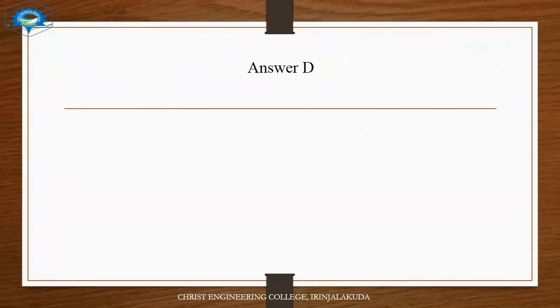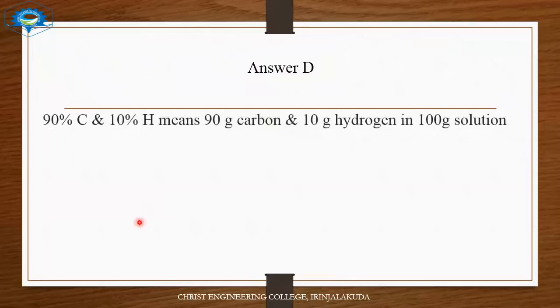It is given that 90% carbon and 10% hydrogen is present, which means 90 gram carbon and 10 gram hydrogen in 100 gram total. Percentage means 90 gram in 100 gram for carbon, and 10% means 10 gram in 100 gram.